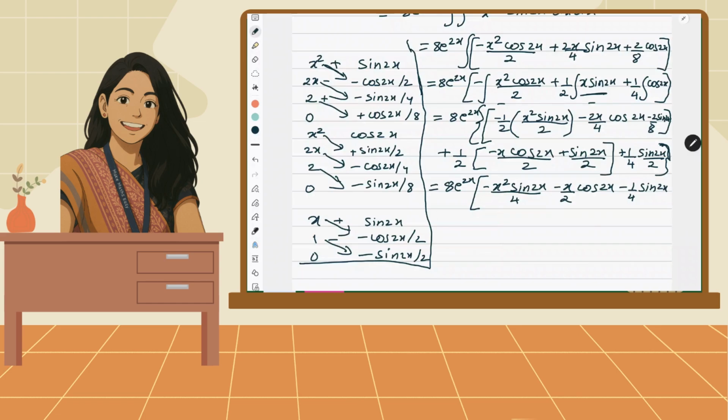Then minus x by 4 cos 2x. Then plus sine 2x by 4, plus sine 2x by 8. I have just opened all the brackets.